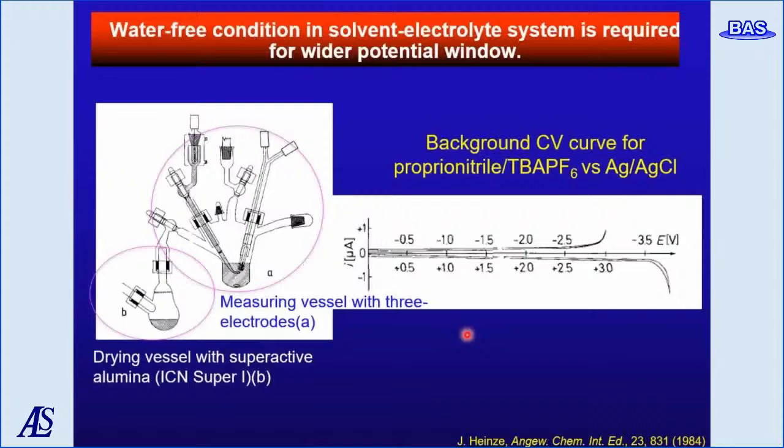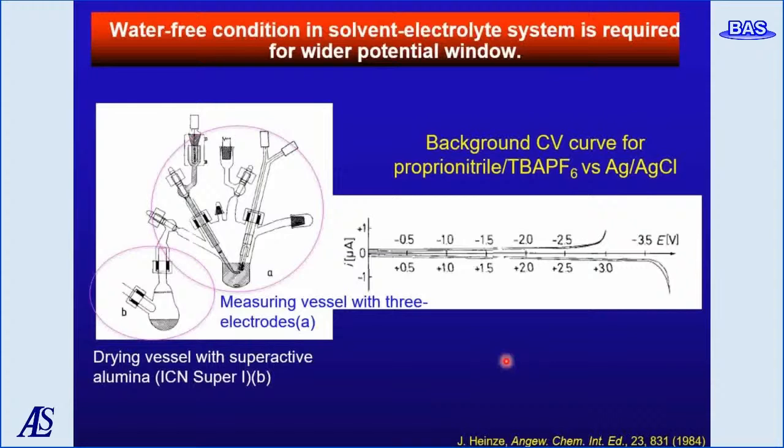In order to obtain a wide potential window when using non-aqueous solvent, careful purification and dehydration of the solvent supporting electrolyte system is required. Each researcher designs their own system with care.